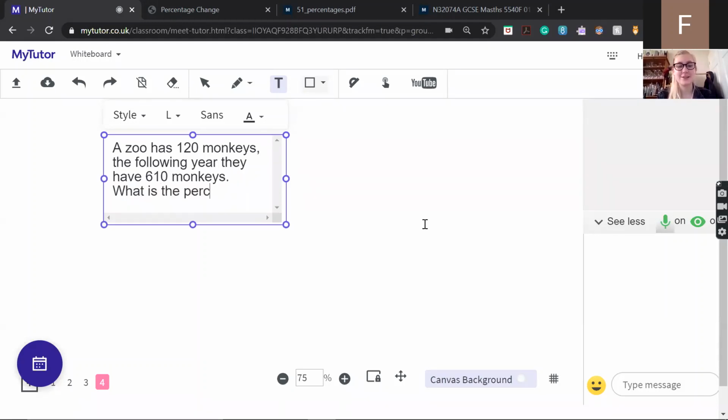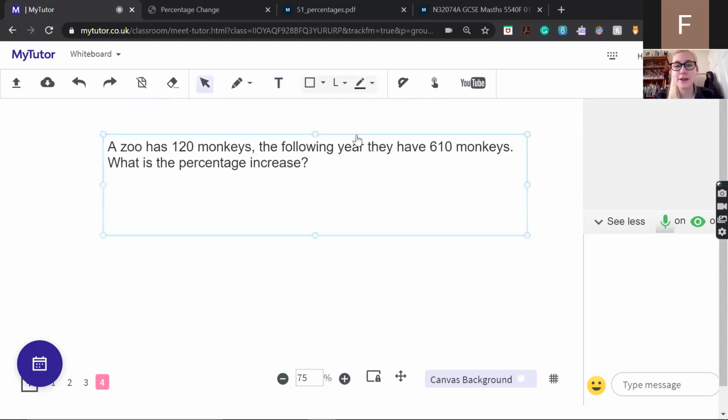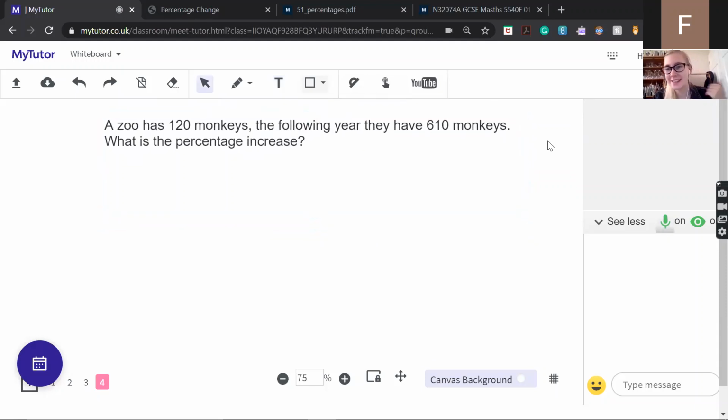What is the percentage increase in monkeys? Because I come up with these questions on the spot, they're normally horrible, like recurring percentages, like that last one, or weird ones. The questions that I've pre-made are nice, but these ones aren't always nice. So this is the same thing. We're just calculating what the increase is here, and it's just going to be a bigger number, basically.